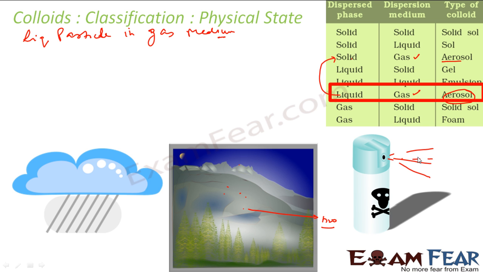But when you spray insecticide, what you get is a liquid particle, correct? So this is an example of aerosol where I have liquid particles in gas medium. Spray paint was the example of the aerosol where you have solid particles in the gas medium. So these are a few examples of aerosols where we have liquid particles in the gas medium.